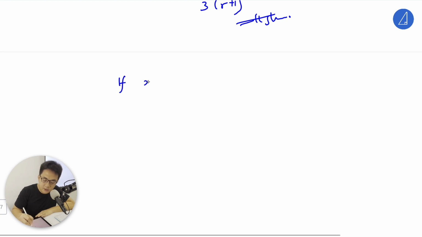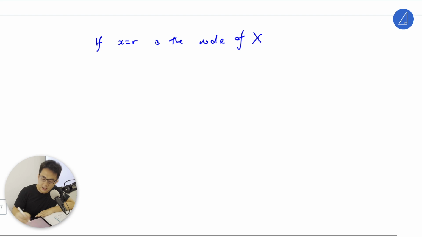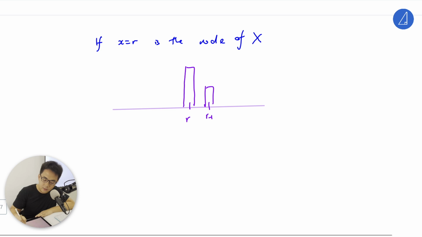This is how we do it. If X equals r is the mode of X, firstly, understand that the idea is very simple. If this is r+1, this is r+2, this is r-1, r-2, this guy will be the gangster around its neighborhood.